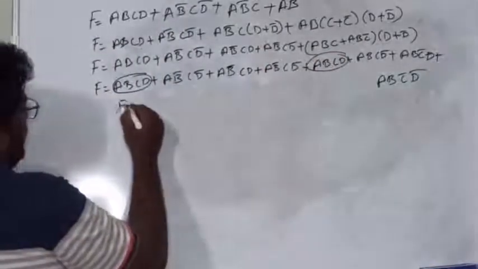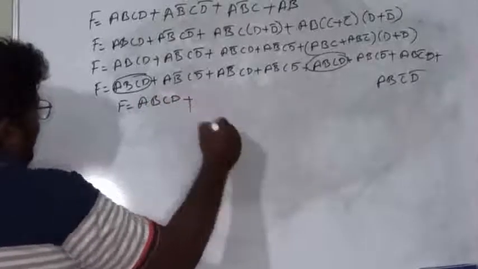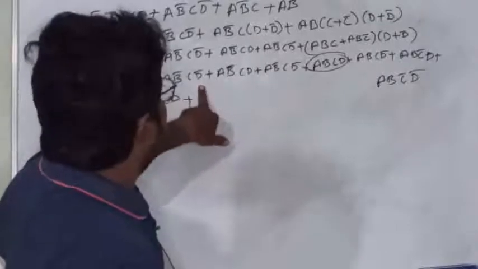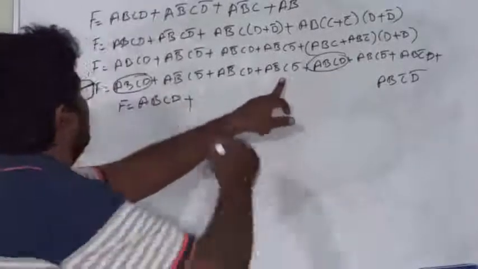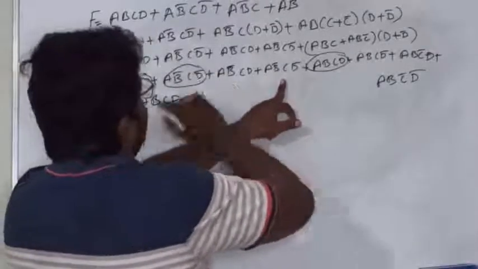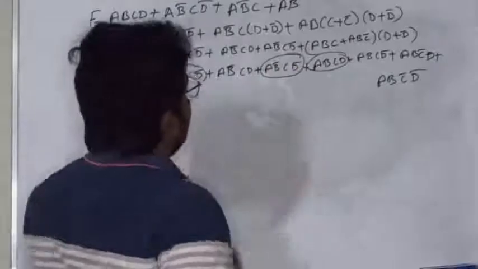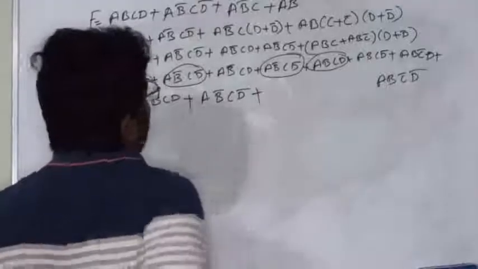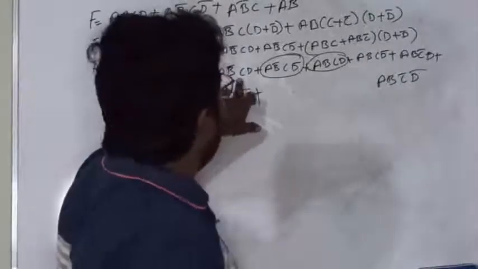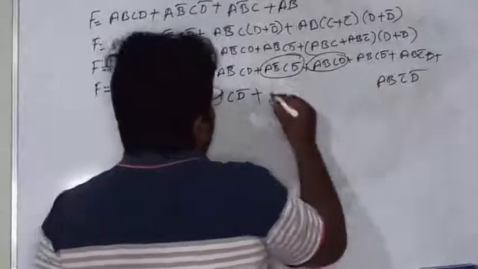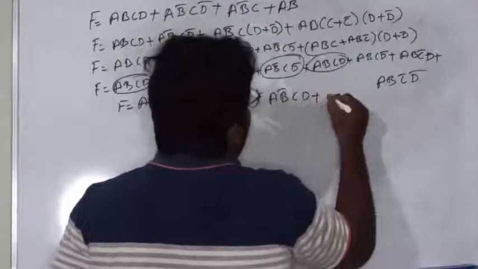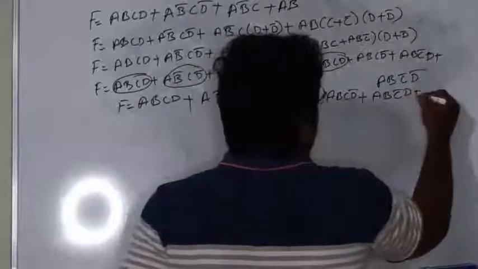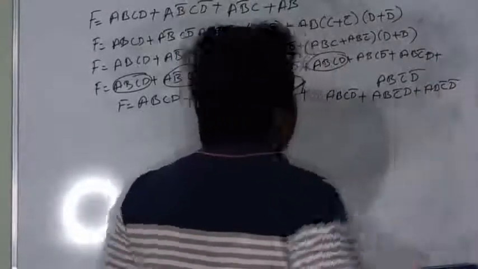So I am representing it as one, ABCD plus A B complement C D complement. Is it present? Yeah, it's present here. A B complement C D complement is repeated, so I am representing it here once. A B complement C D complement, plus next one is A B complement C D. Nothing is repeated. A B complement C D, plus A B C D complement, plus A B C complement D, plus A B C complement D complement.